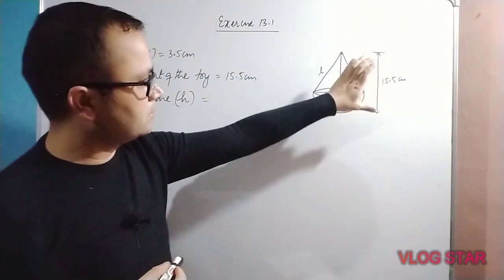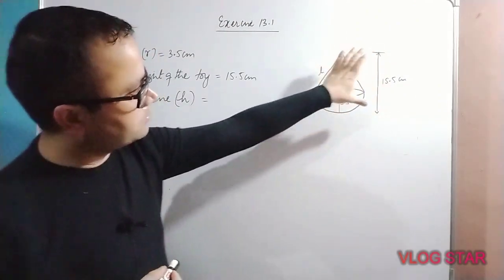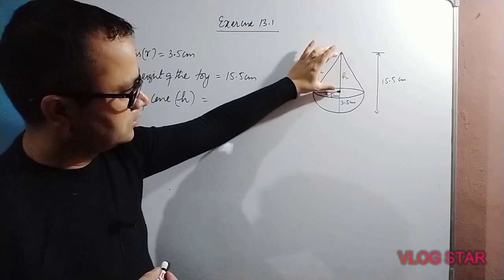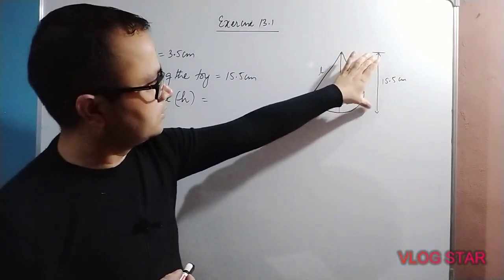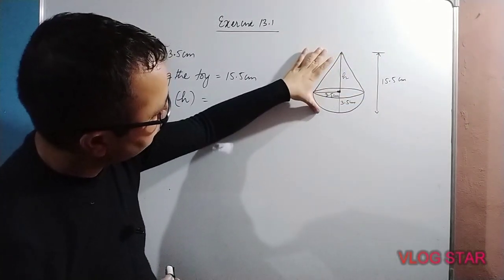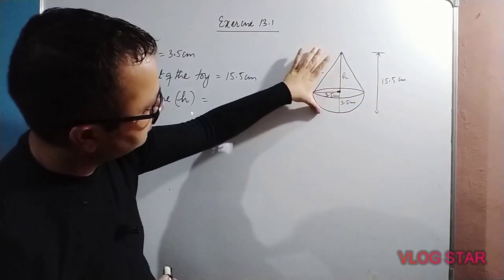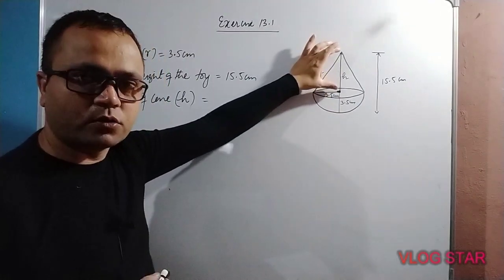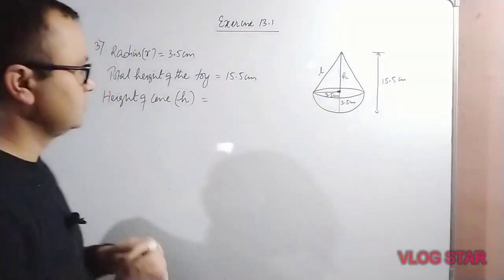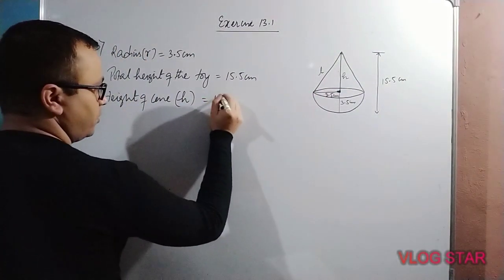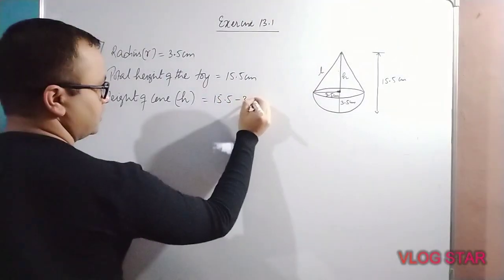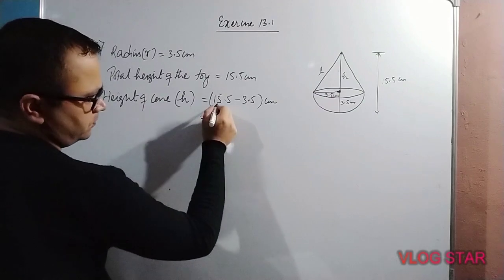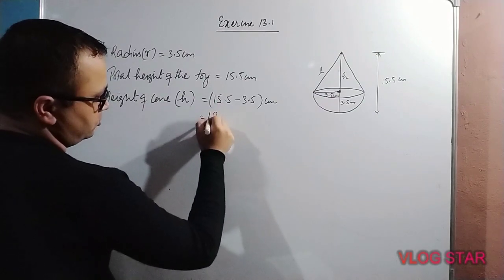If you subtract 3.5 from 15.5, you will get only this portion, so this is the height of the cone. 15.5 minus 3.5 centimeter gives 12 centimeter.